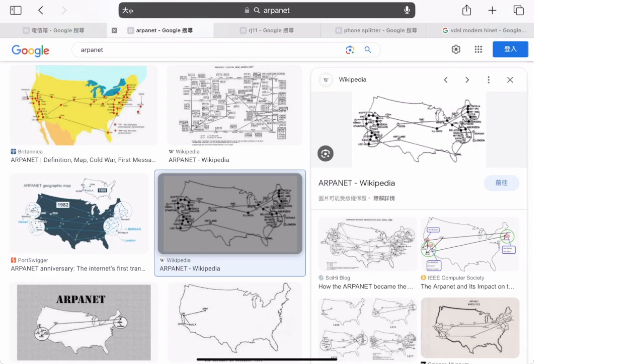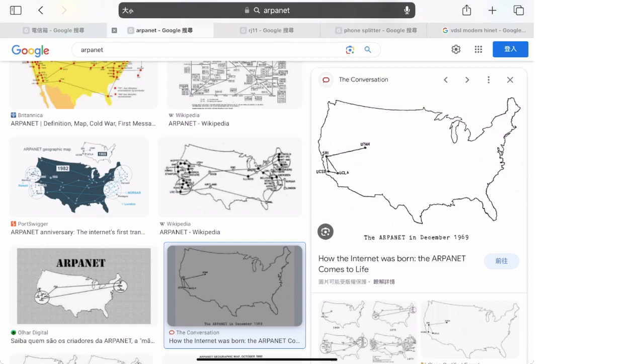As you can see, it is not necessary to have direct cables between every pair of universities.